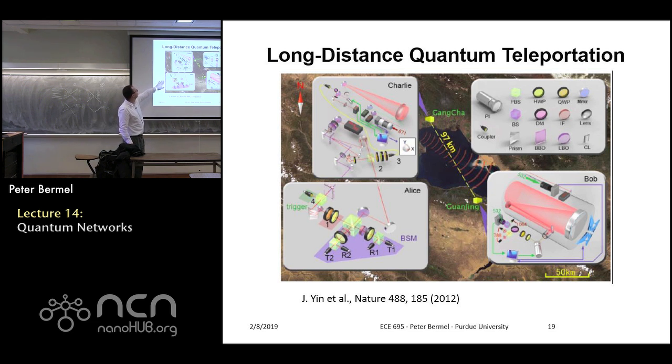Alice is preparing a quantum state, and she has both a classical and a quantum communication channel with Bob, who's here in Guangjing. She's feeding this information into Charlie and then implementing the algorithm we just saw in order to communicate the information to Bob and reproduce the quantum state.